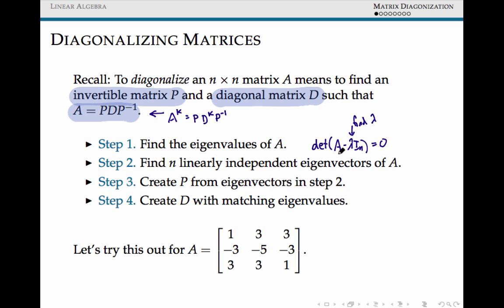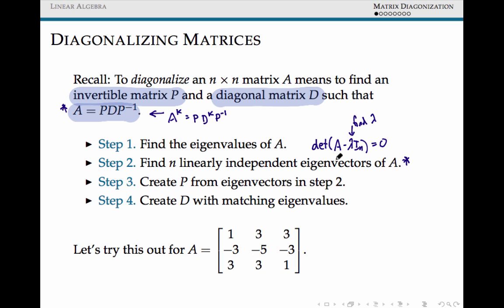Once we have our eigenvalues, we'll find n linearly independent eigenvectors, and this is exactly the condition for such a diagonalization to exist. If we're able to find enough vectors in our space to construct an eigenbasis, we'll be able to use it to construct a diagonalization.